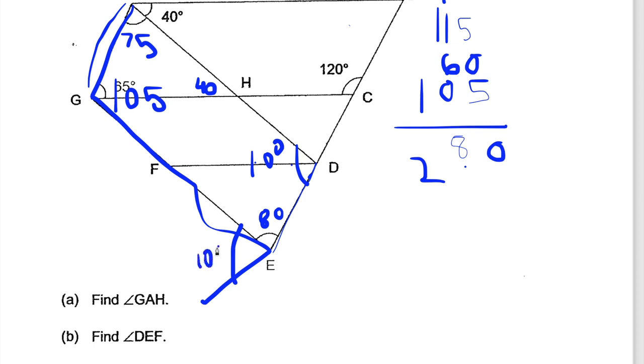And this is a straight line, by the way. So 105 plus 80 is 185, but a straight line is 180 degrees. So that means they are not parallel with each other. So this is false.